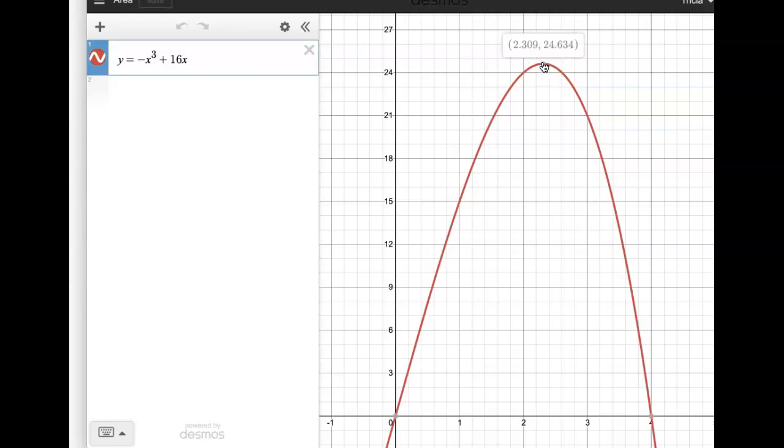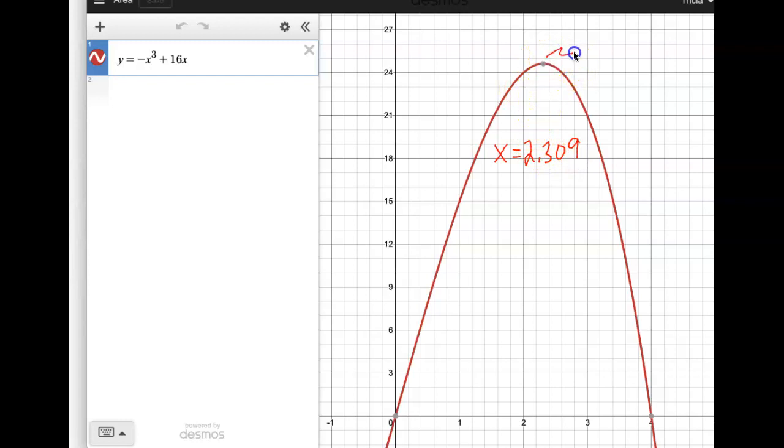If you just use your cursor, the maximum here is going to be at 24.634. So that's the area, 24.634 units squared. That's going to occur when x is equal to 2.309. So when x is equal to 2.309, that's when the area is going to be the largest.